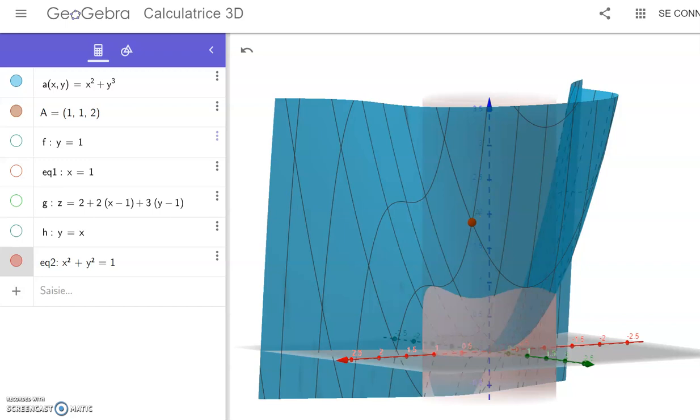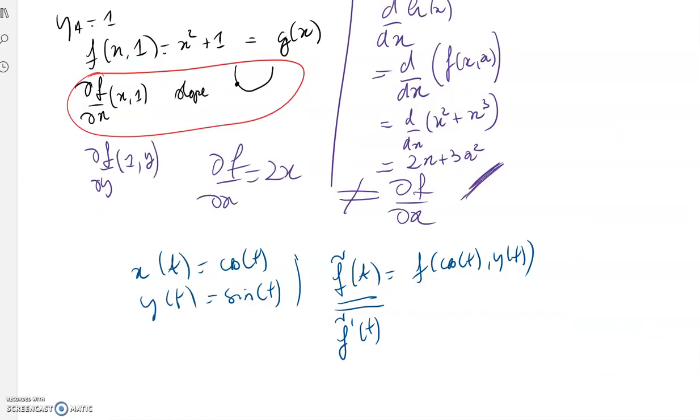It's the derivative in t of our function. So that would be given by the derivative of f of cosine of t, y of t, y of t being the sine of t. And of course you can compute that using the chain rule as usual.